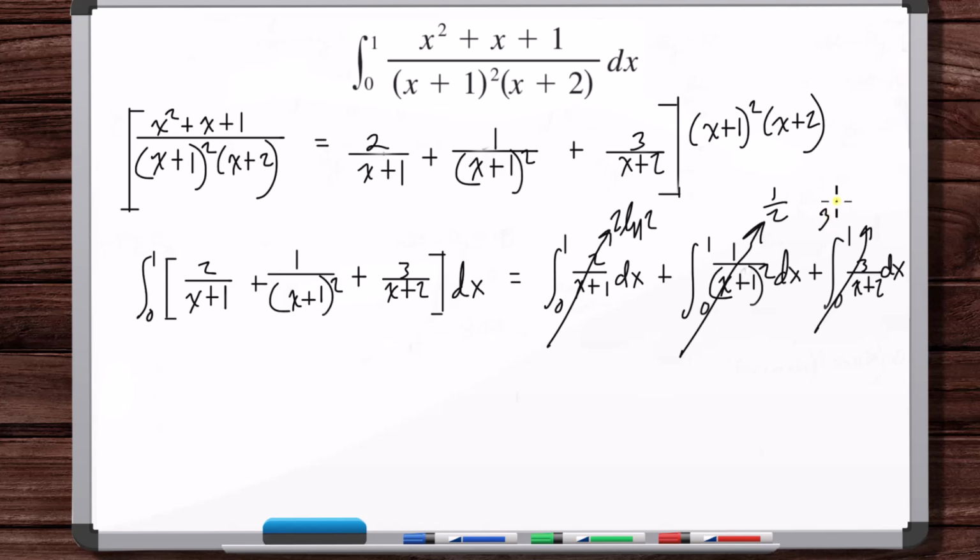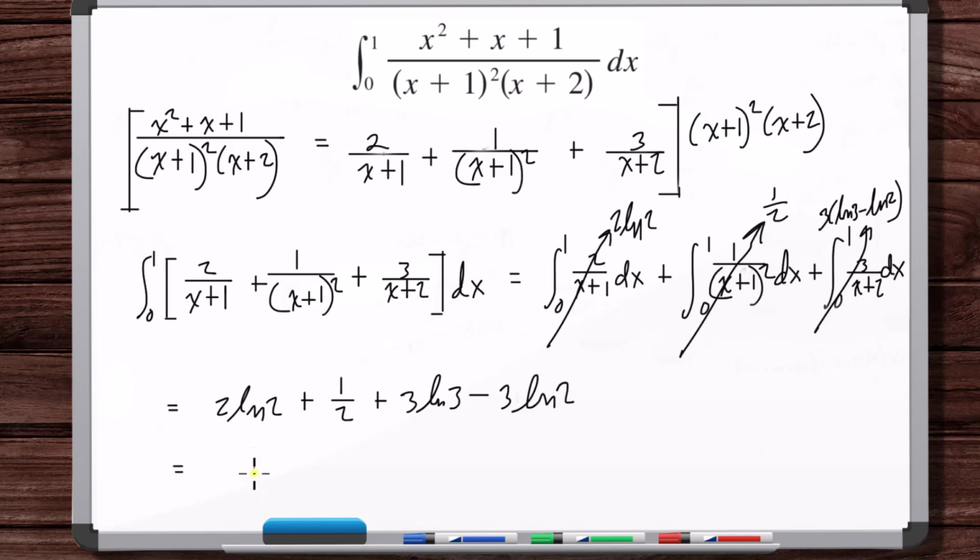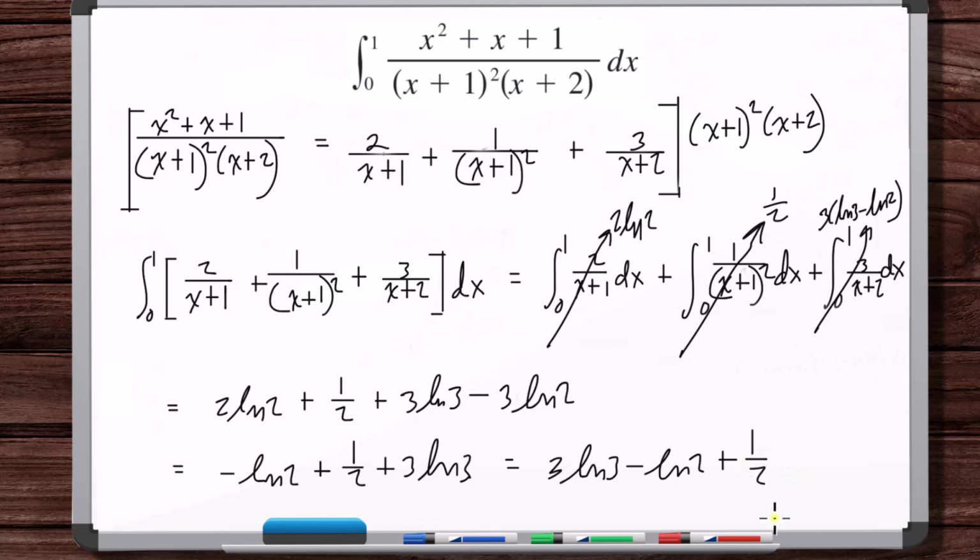So 3 natural log of 3 minus natural log of 2. All right. 2 natural log of 2 plus 1 half plus 3 natural log of 3 minus 3 natural log of 2. 2 natural log of 2 minus 3 natural log of 2, so minus natural log of 2 plus 1 half plus 3 natural log of 3. So 3 natural log of 3 minus natural log of 2 plus 1 half.